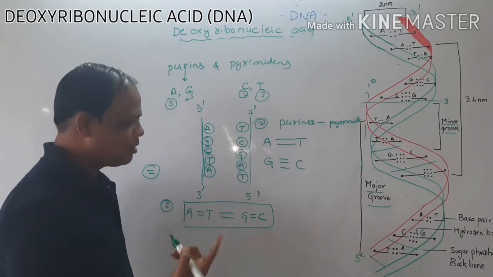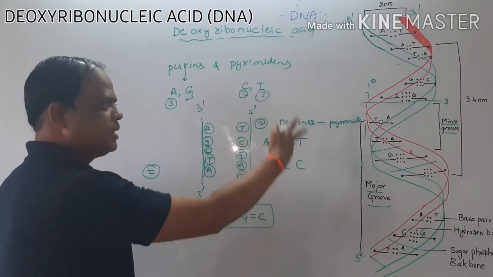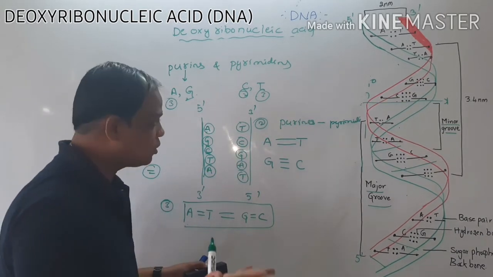in the NEET examination, compulsorily one or two questions are asked on this rule. How are they asked?